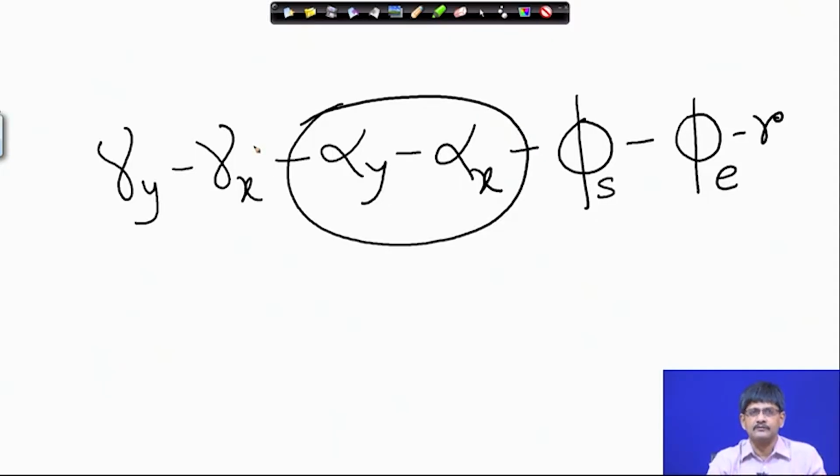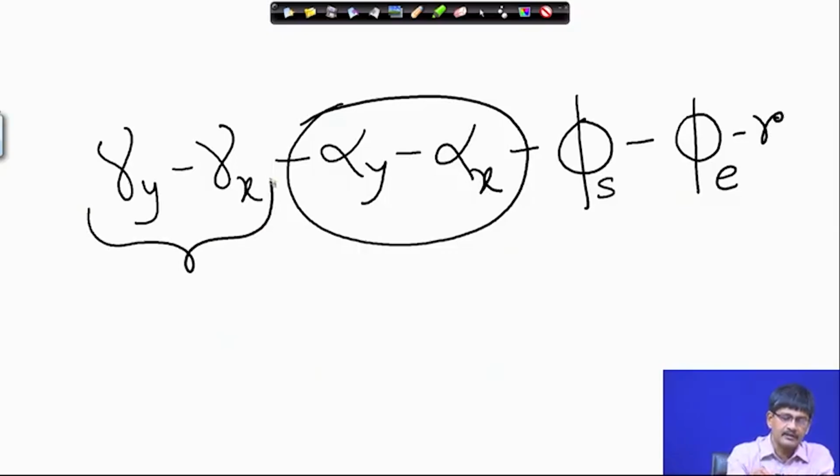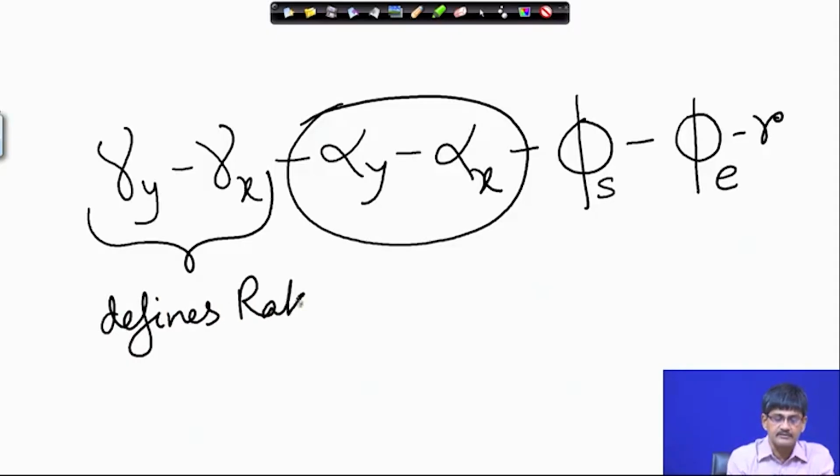So, we will know about these angles, but we will not accept this as a standard nomenclature for a cutting tool, because it might lead to problems. I will tell you what the problem is. If I define gamma y and gamma x, it defines the rake surface position in space. The rake surface becomes invariant.